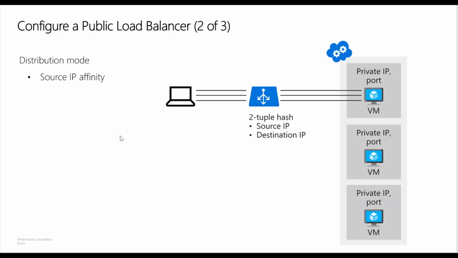The hash ensures that requests from a specific client are always sent to the same virtual machine behind the load balancer. So let's say my source IP is 10.1.1.1, and every time I come with that, I will be directed to the same server which I was accessing earlier. So it has an affinity towards the source IP.